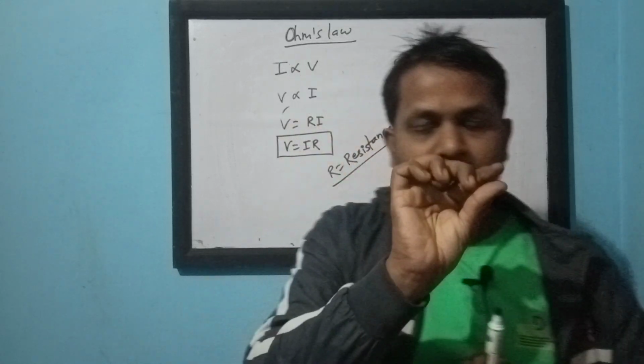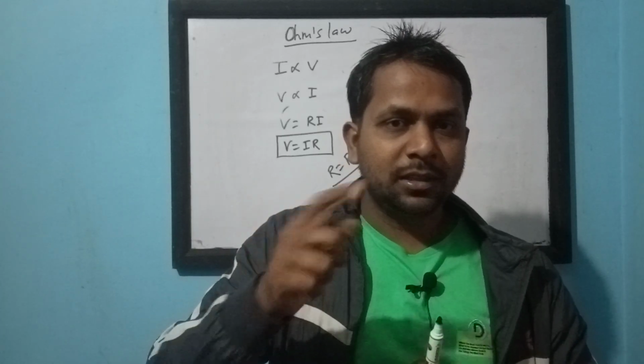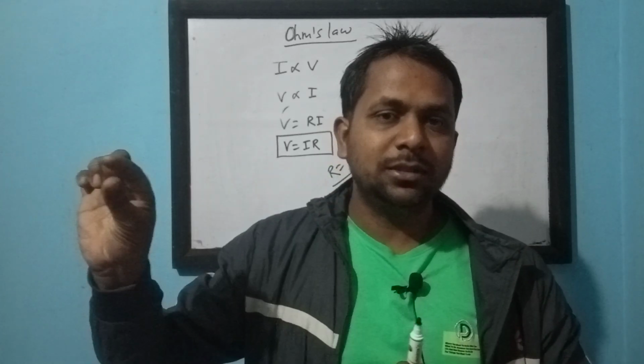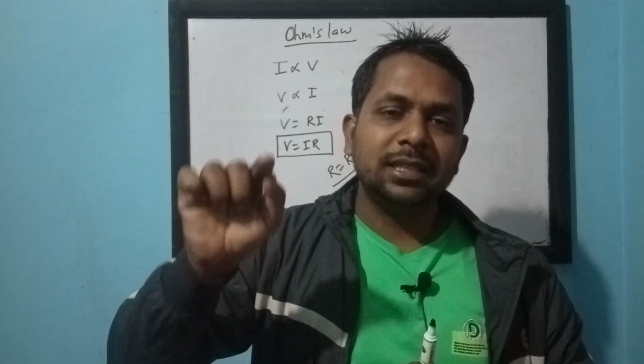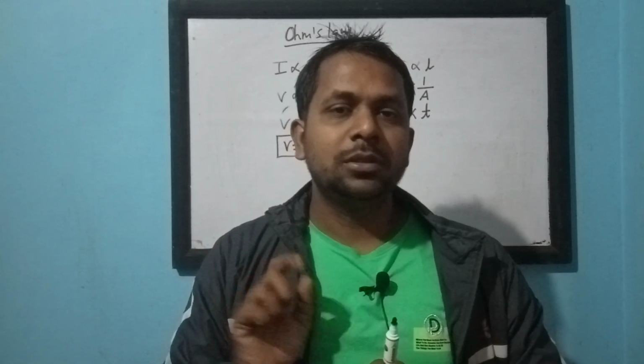Okay, I hope you understood this. If in a normal wire current is flowing, but we heat that wire, current does not flow easily through it, because resistance increases due to increase in temperature. R is directly proportional to temperature.